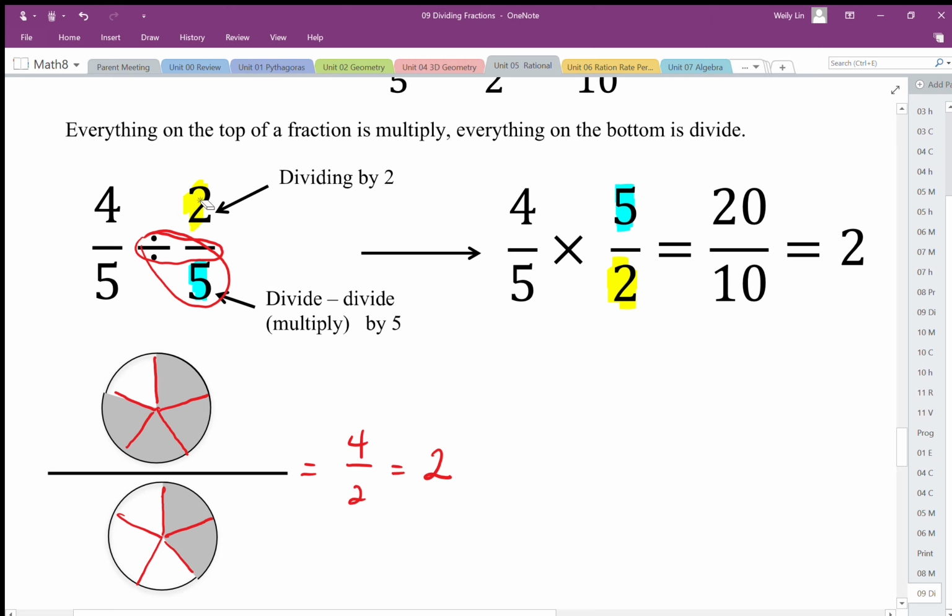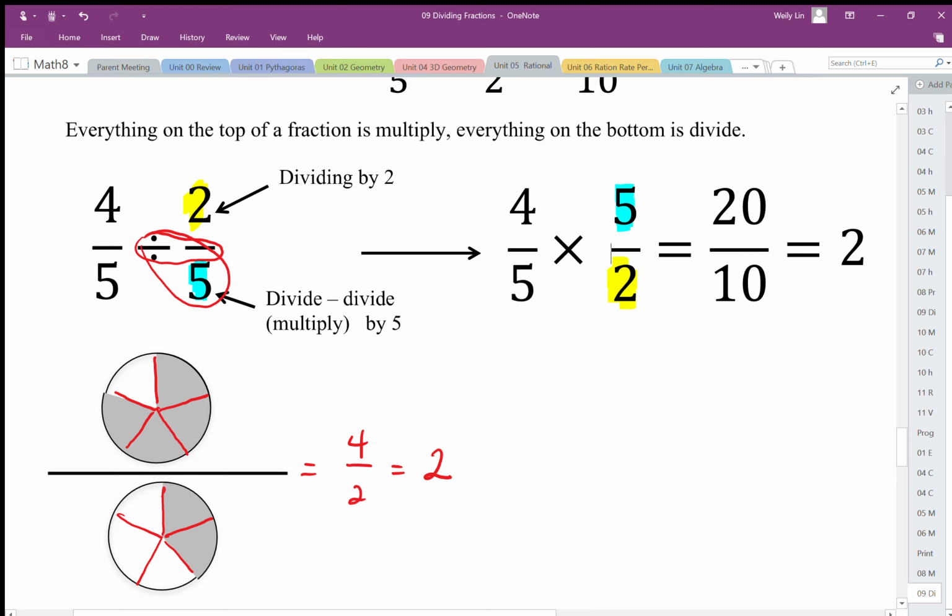I'm really flipping that second fraction to get the times in the right spot and the divide in the right spot. So the rule then is, if we flip the second fraction and just multiply, we're going to put the times and divide in the right places, and then we can evaluate this as one big fraction, as 4 times 5 in the numerator, 5 times 2 in the denominator.